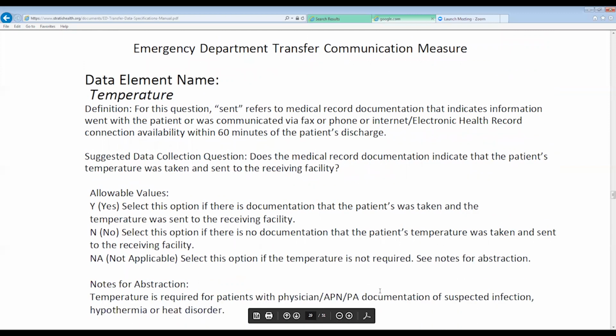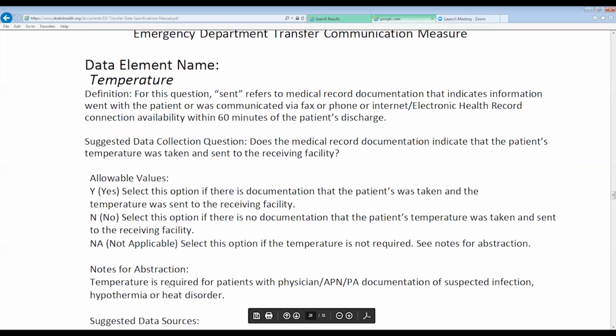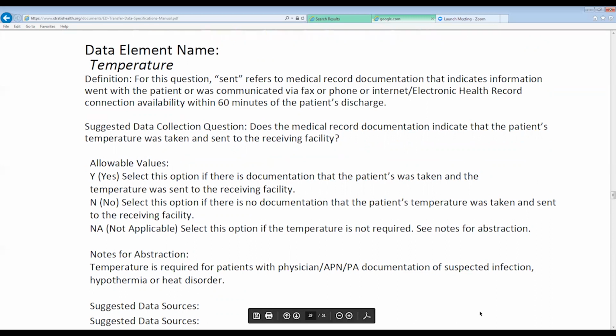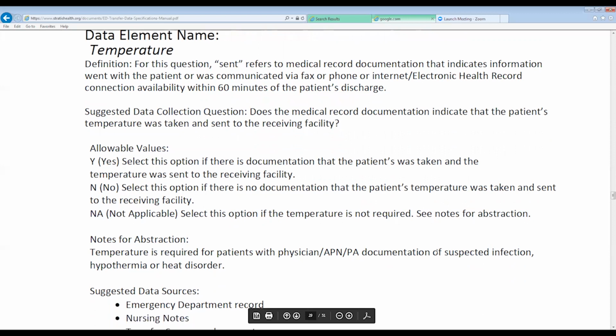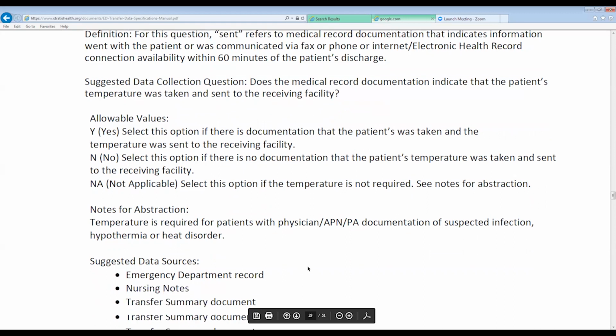And temperature. It seems that a temperature is almost always taken now. I think when this last version of the manual was put together, it wasn't always taken like it is now. So for this abstraction, it is only required for patients if there's documentation of a suspected infection, hypothermia, or a heat disorder. So you wouldn't have to say a no if there wasn't a temperature.